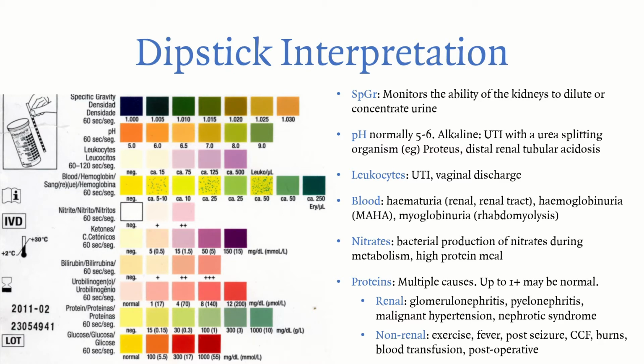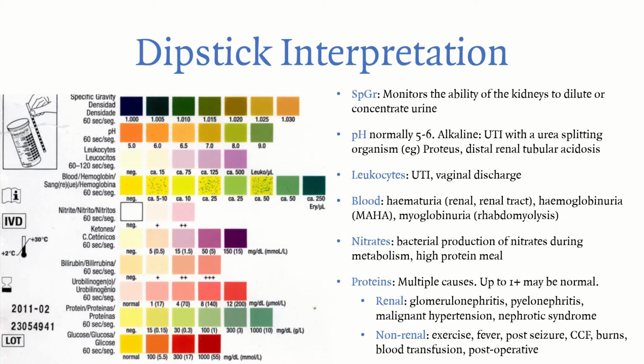these values. So the specific gravity monitors the ability of the kidneys to dilute or concentrate urine. You can have a look at the pH, which is normally between 5 and 6. And if it's above that, usually you're having a urea splitting organism like a Proteus. You can see if you can find white blood cells, which indicates a urinary tract infection or a vaginal discharge.